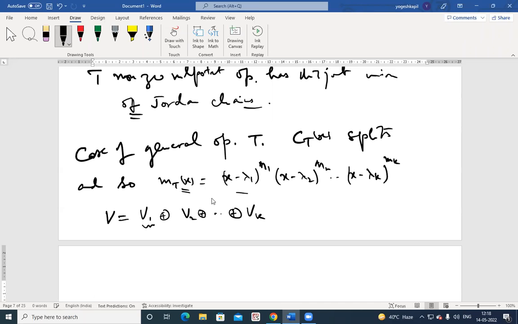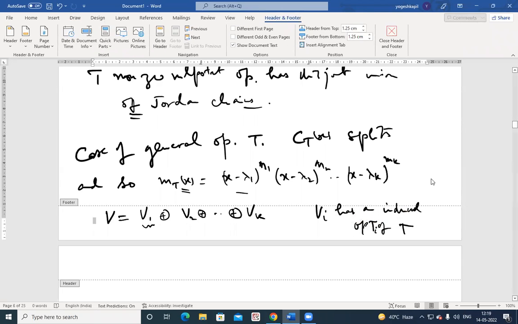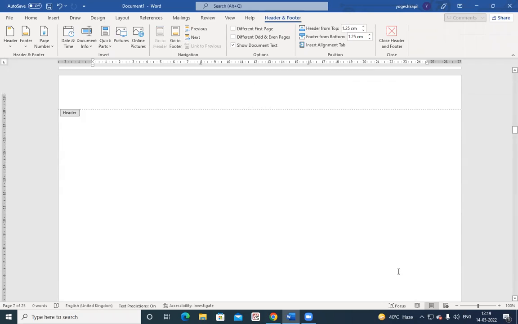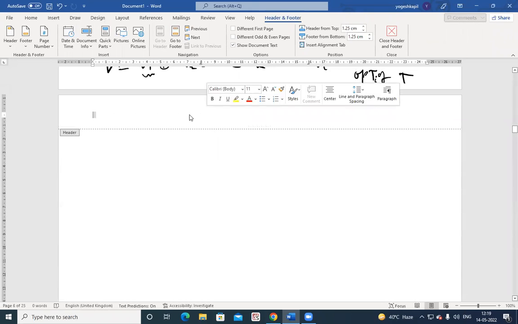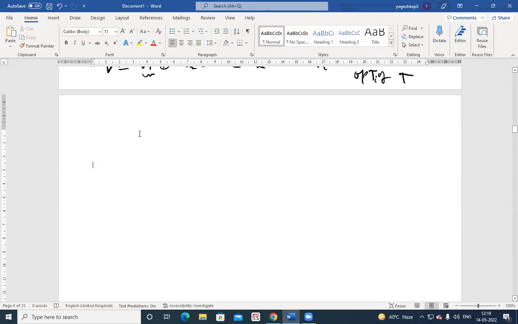All right. And now each Vi has an induced operator of T, let us say Ti, the induced operator of T on each Vi, which is a T-invariant subspace.